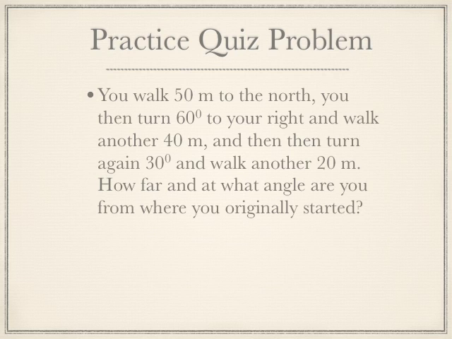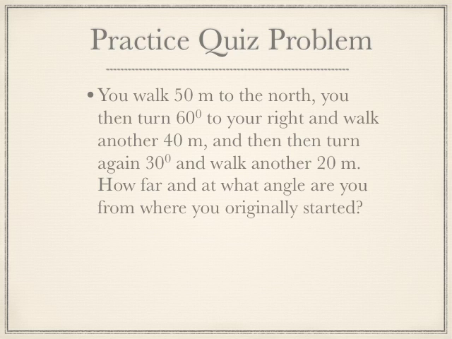For an example, a practice quiz problem about adding displacement vectors. If you walk 50 meters to the north, and then you turn from the north 60 degrees to your right, and walk another 40 meters, and then turn again 30 degrees, and walk another 20 meters, how far and at what angle are you from where you originally started?